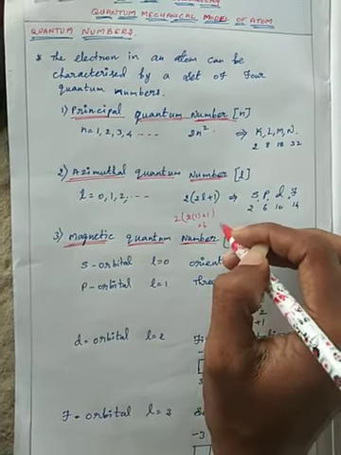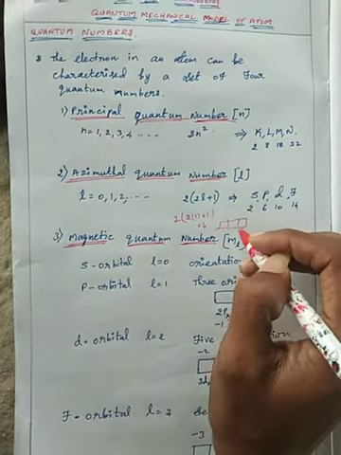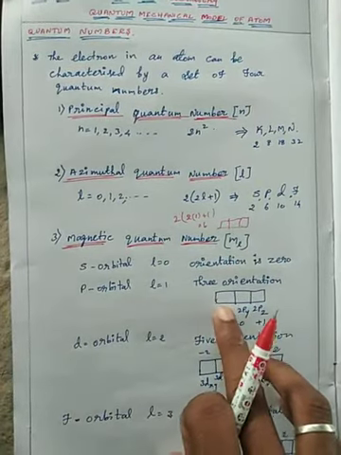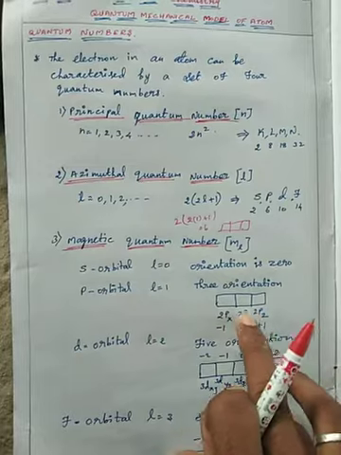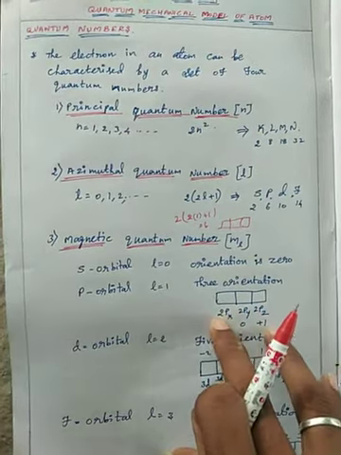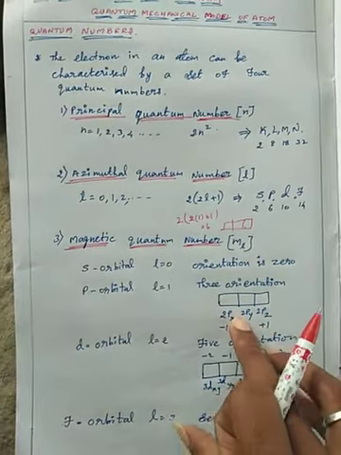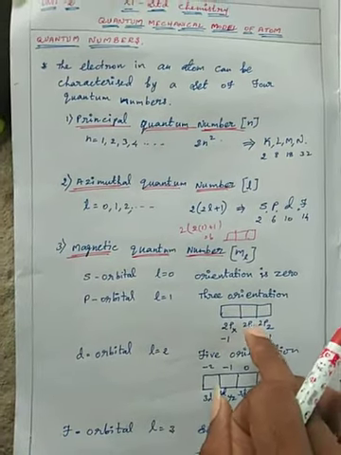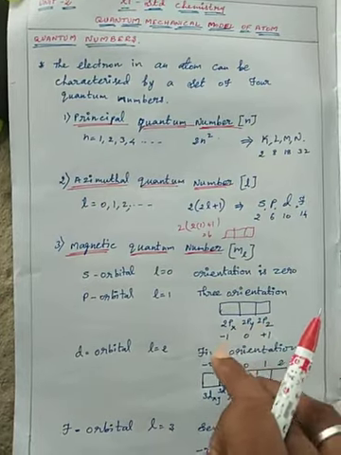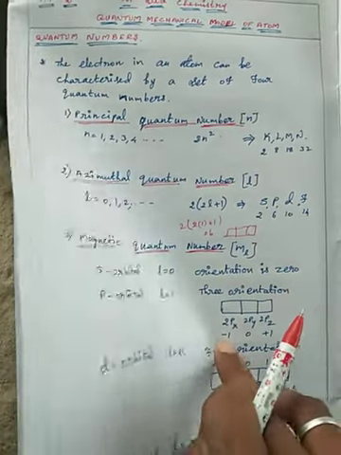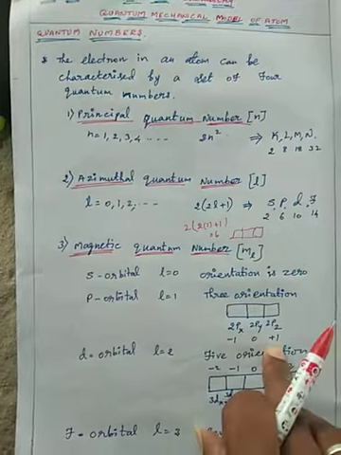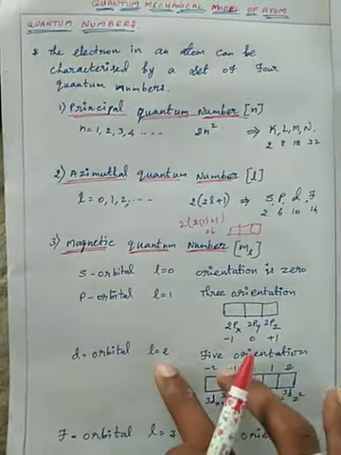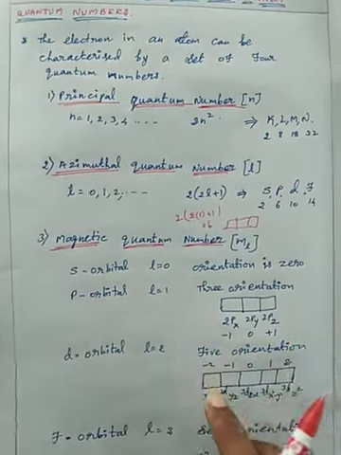So there are 3 orientations in the outermost subshell, starting with the 2p orbital: the first orientation 2px, the second 2py, and the third 2pz. The magnetic quantum number values are -1, 0 and plus 1. Next we will discuss spin quantum numbers, but first the d orbitals, l equals 2.